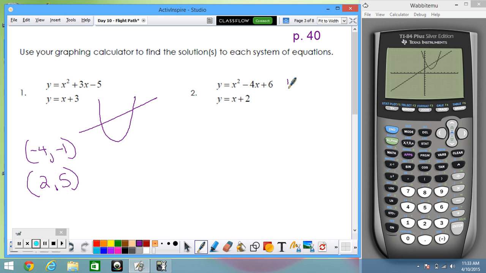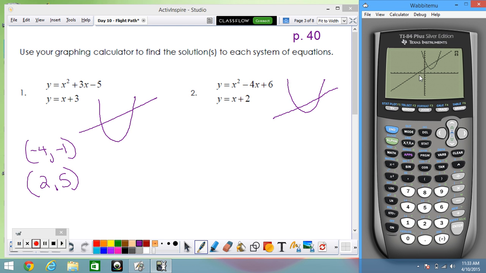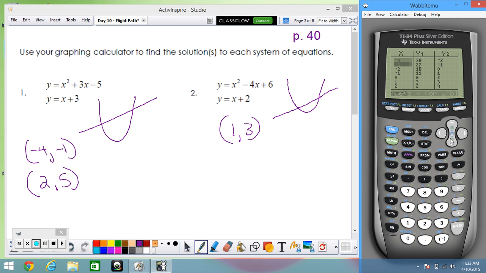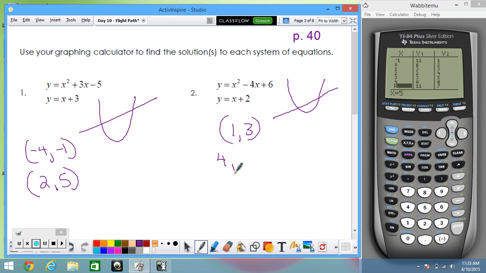So again, I have a situation where it's a parabola and then the line cuts through. So I think it's at 1 and maybe 4. Let's take a look at the table. Oh, look, 1, 3. And what was the other one we thought? 4. I hate this calculator. Oh, yep, there it is. 4, 6.